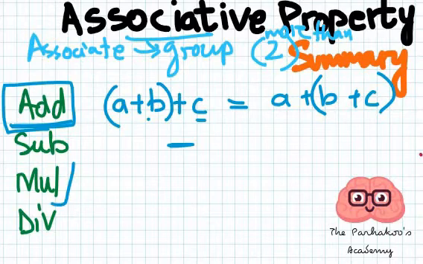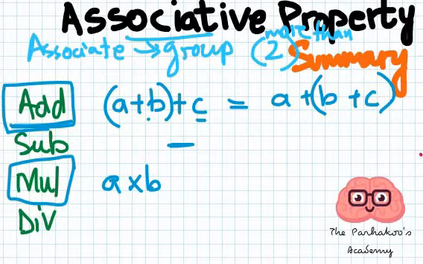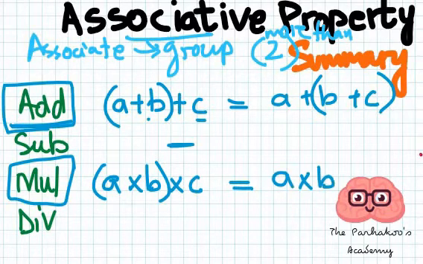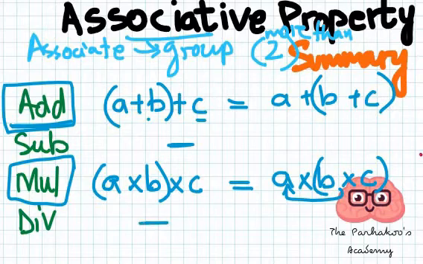In multiplication, it is valid, and it can be written generically this way: if you multiply A into B, then multiply with C, it is the same as multiplying B and C first and multiplying the result with A. And in division, it is not valid because the way you place elements matters and it alters the result. I hope that up till now you have a clear idea what the associative property is.